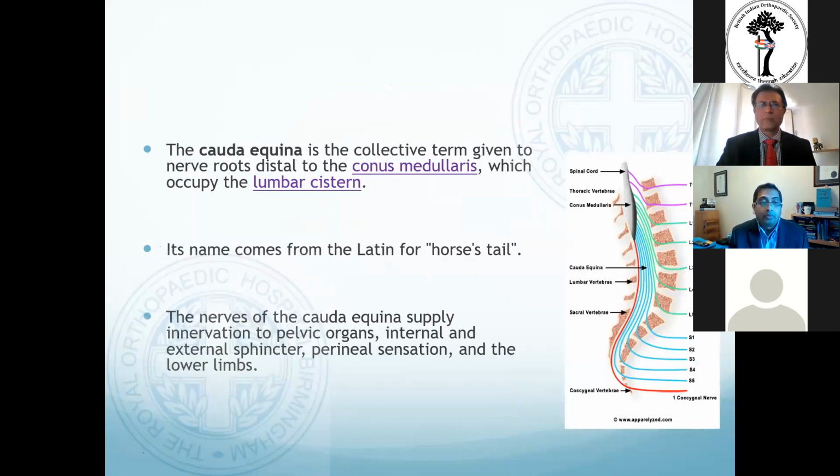So cauda equina, we all know, is the collective term given to the nerve roots distal to the conus medullaris, which occupy the lumbar canal. The name comes from the Latin for horsetail, and the nerves in the cauda equina supply and innervate the pelvic organs, internal and external sphincter, both bladder and bowel, perineal sensation, and the lower limb function.